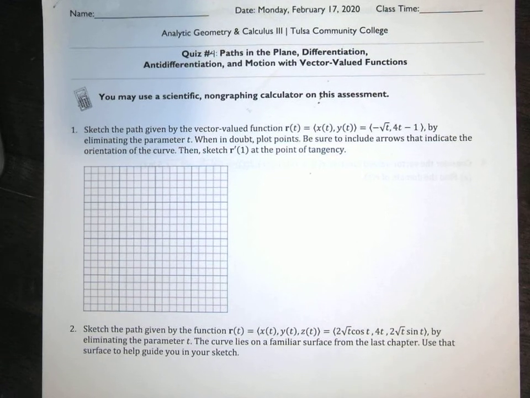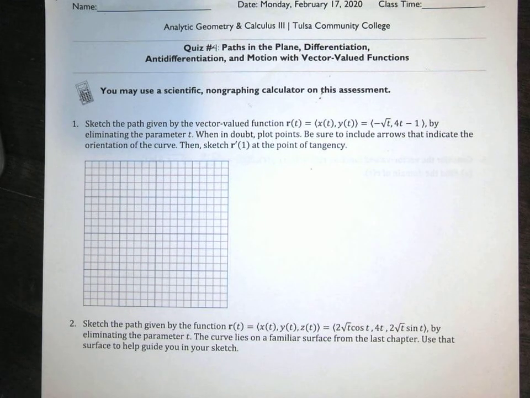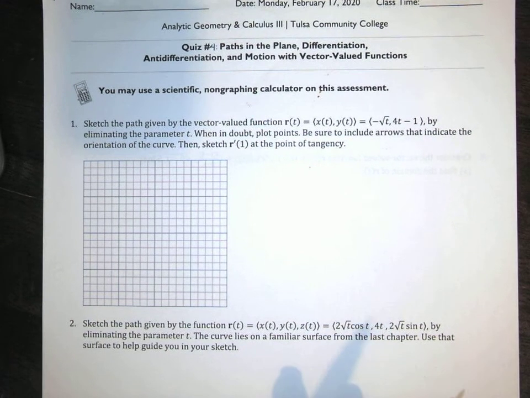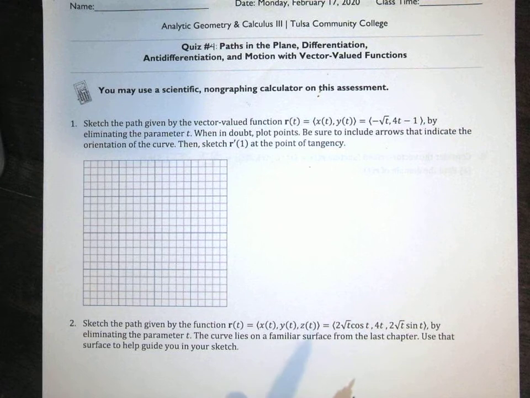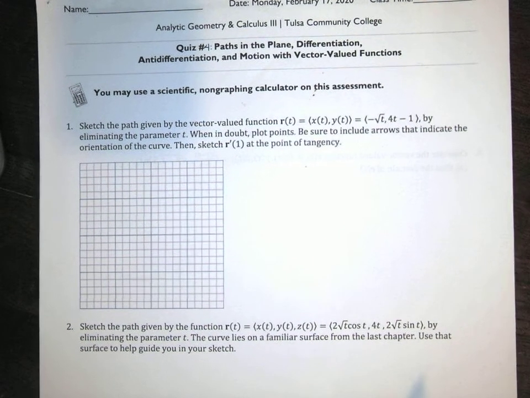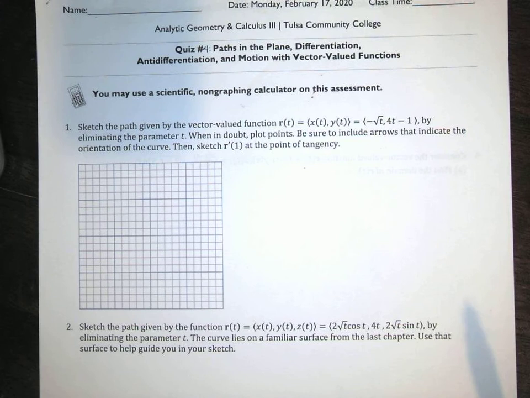I might make two separate videos, one for V8 and one for V9, but I just wanted to show you how to solve these problems or similar problems, just in case you decide to reassess, and also so that you can have not just my written key, but a video of me talking through the key, so that you can learn from your mistakes when I hand your quizzes back next week.